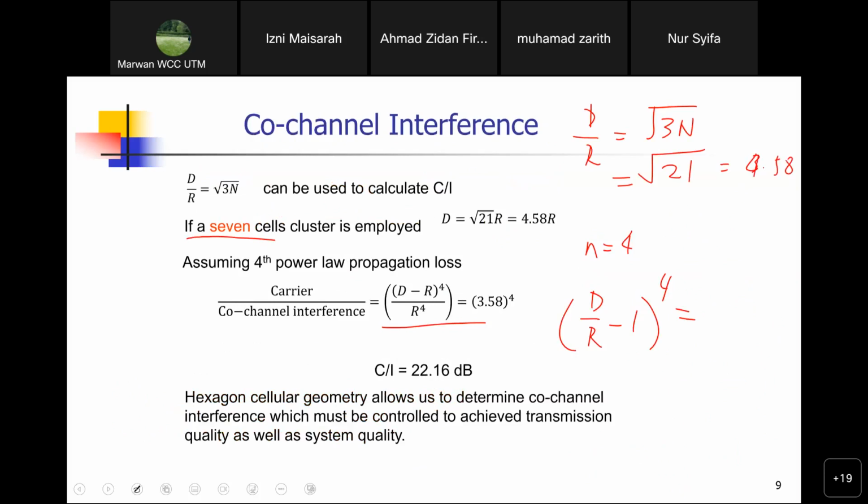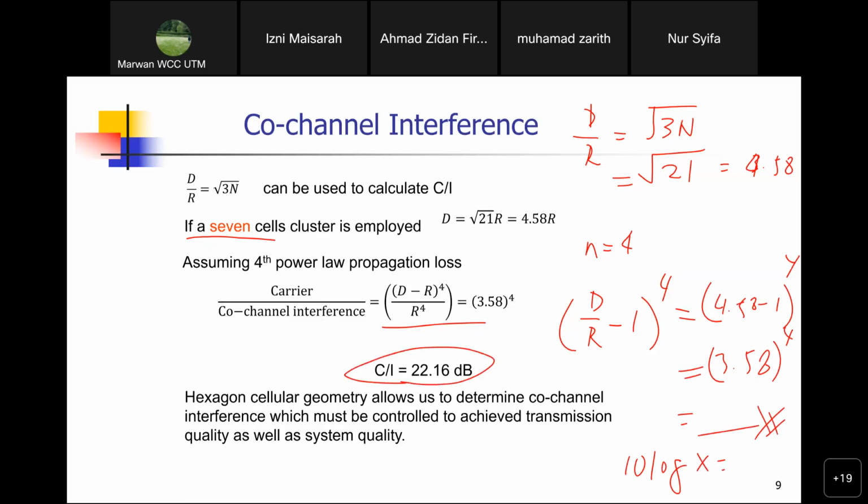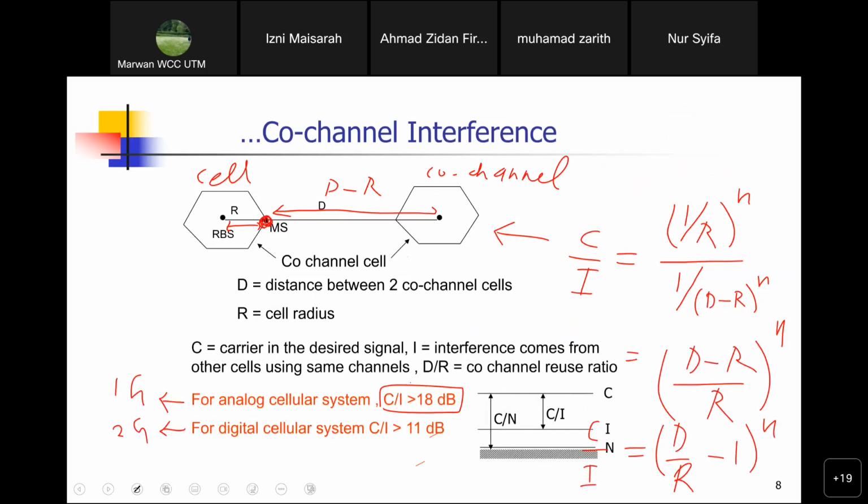So 4.58 minus 1 to the power of 4, that gives you 3.58 to the power of 4. Then you take 10 log of it, and you get 22.16 dB. So if there is only one co-channel cell, our C over I with a cluster size of 7 is around 22.16. What does it mean? It means that it can be used for digital, it can be used for cellular.